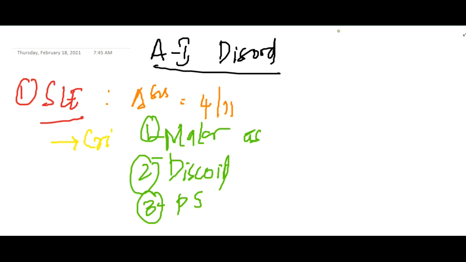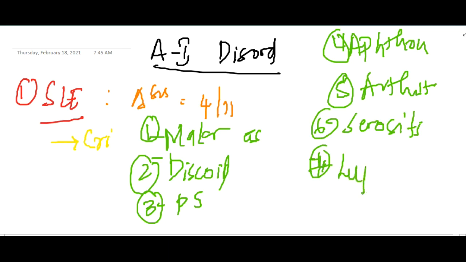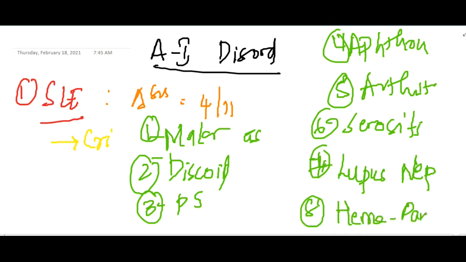Then we have aphthous ulceration, aphthous ulcer formation. 5 is arthritis. 6 we have serositis. 7 we have renal involvement, that is lupus nephritis. And 8 is hematological, that is blood, pancytopenia or presence of LE cell. And 9 we have anti-nuclear antibodies. So all these are the 9 criteria of SLE which are important.